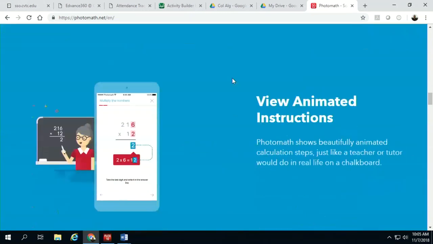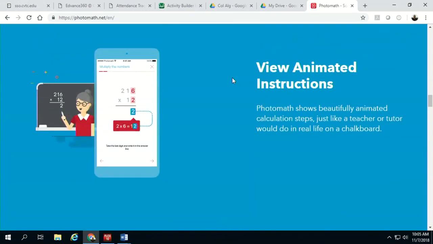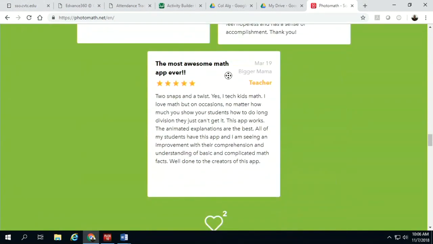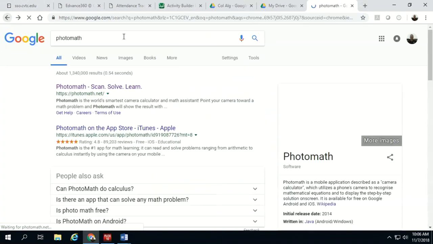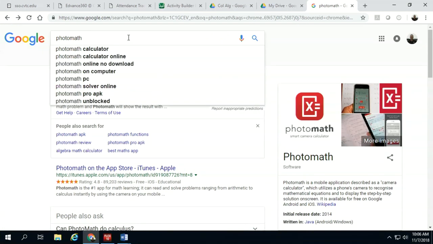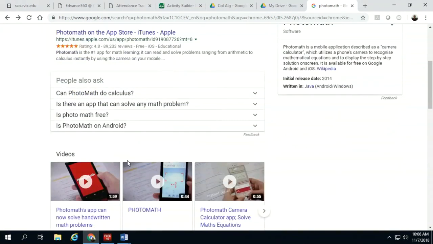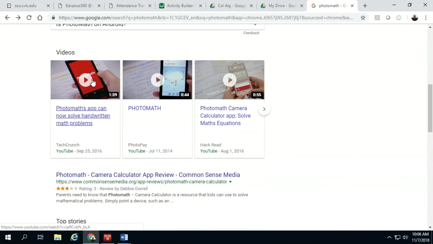Where's view animated instructions? PhotoMath. Let's just look for the video. Let's try this one, see if this one is it.